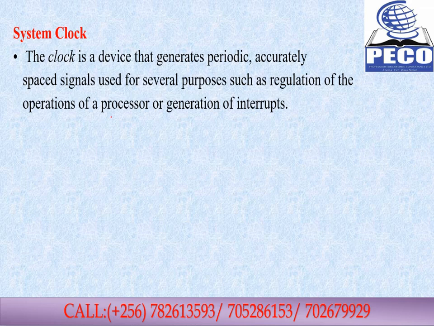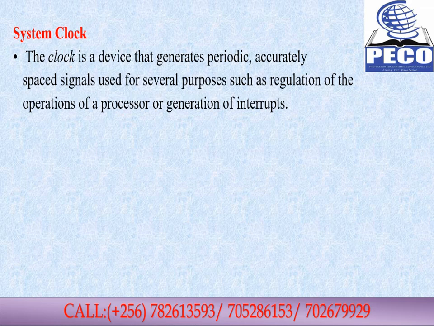And now that it works with several other components within the computer, you will find that it is the system clock that determines the timing, so that with this particular time we expect this operation to be complete, and with this other particular time we expect that operation to be complete.